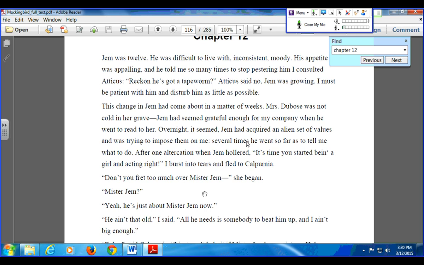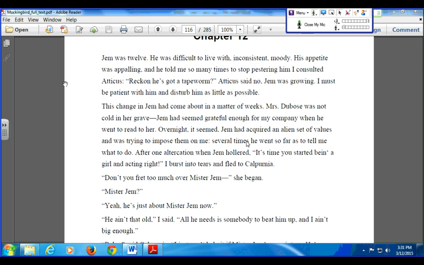Jem was 12. He was difficult to live with, inconsistent, moody. His appetite was appalling. He told me it so many times I had to stop pestering my consultant Atticus. Reckon he's got a tapeworm? Atticus said no, Jem was growing. I must be patient with him and disturb him as little as possible.